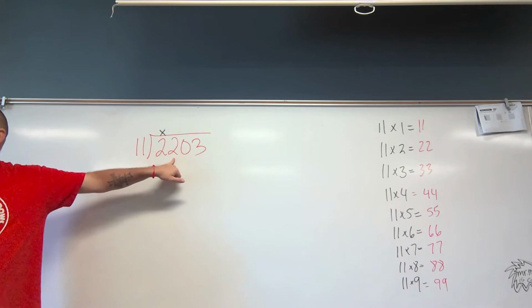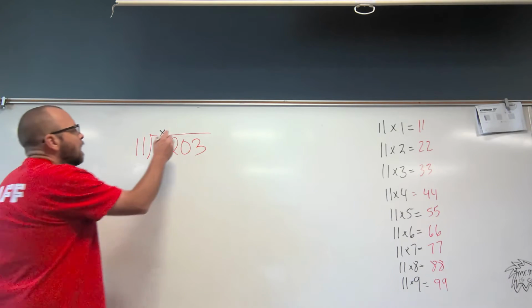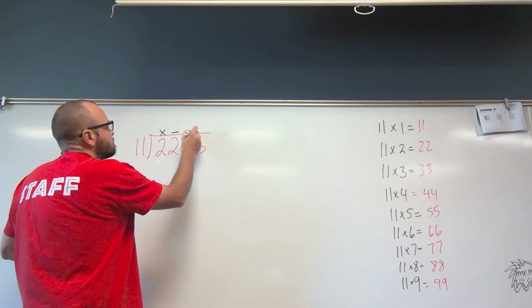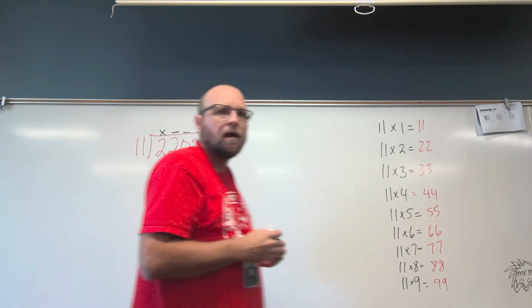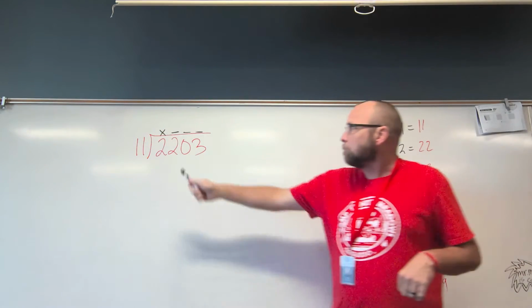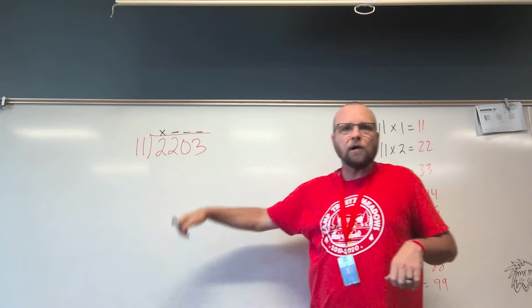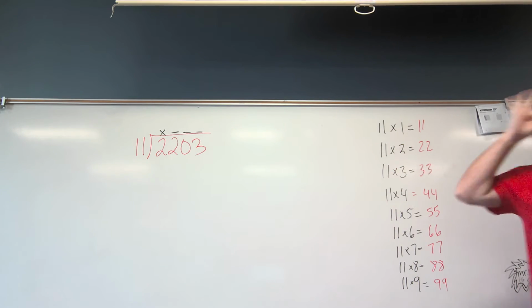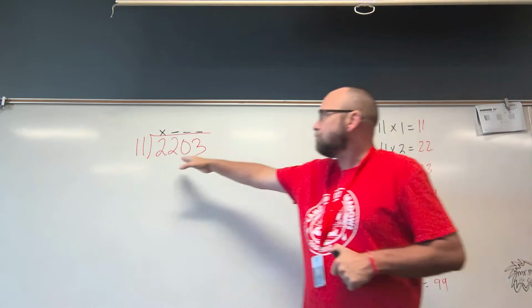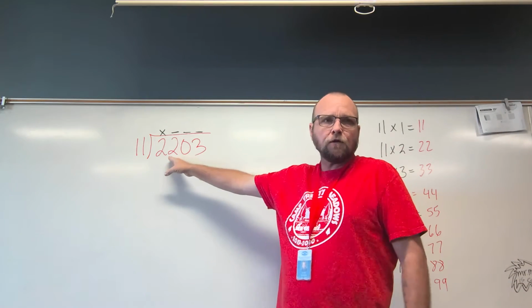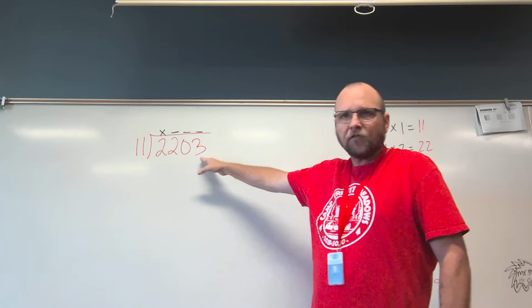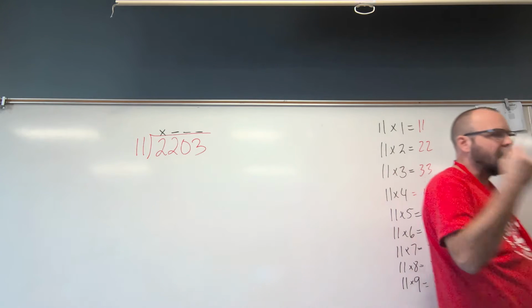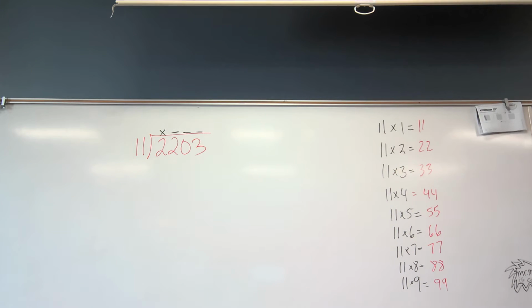Will 11 go into 22? Yes. I'm going to have 3 digits in my quotient. I need to have a number above this 2, a number above this 0, and a number above this 3. Your quotient has to have 3 digits. Once I find where it first goes into, everything after that has to have a number above it.